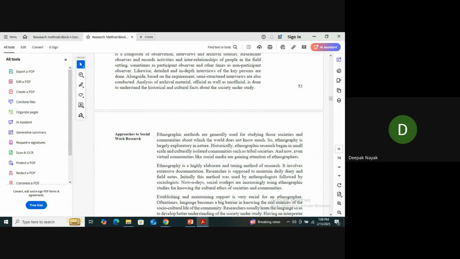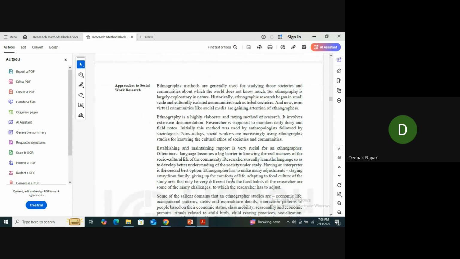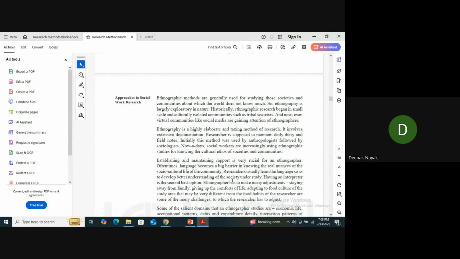These things are given. You can go through this material for better understanding. Usually, ethnography is conducted for indigenous people who are detached from the mainstream society, to understand their problems of development, their problems of livelihood, and other aspects.